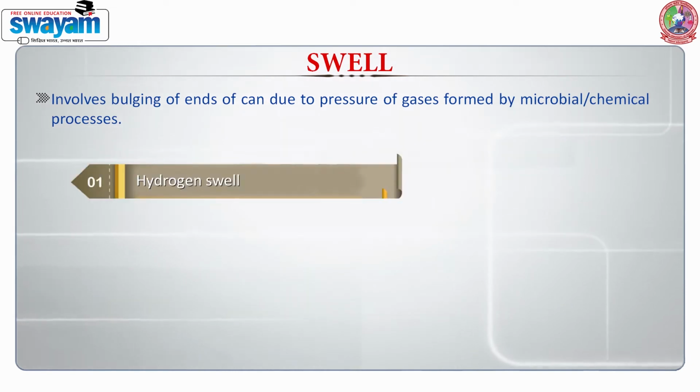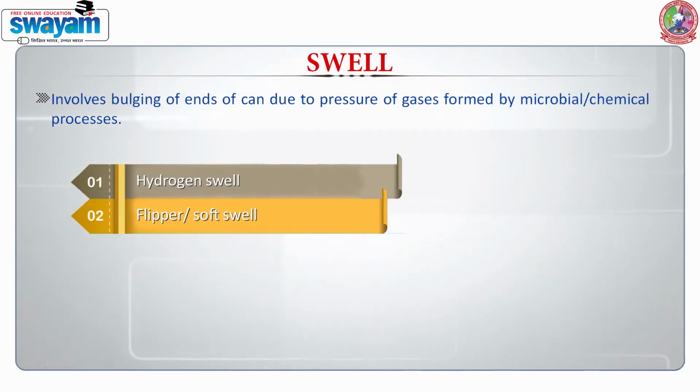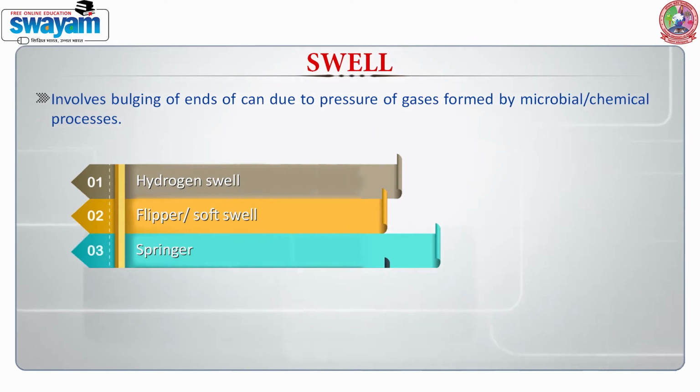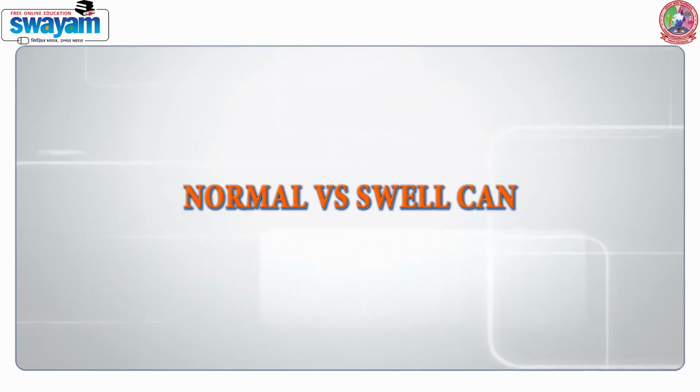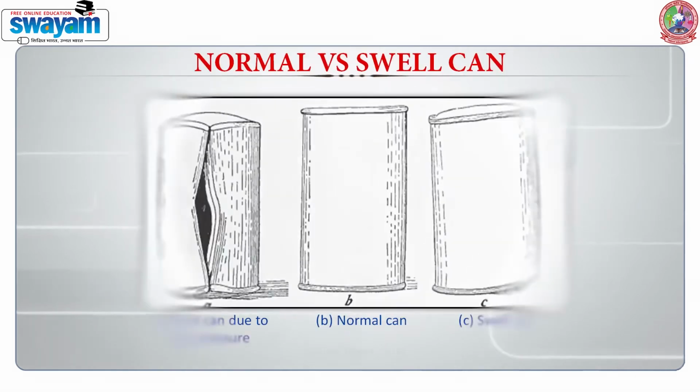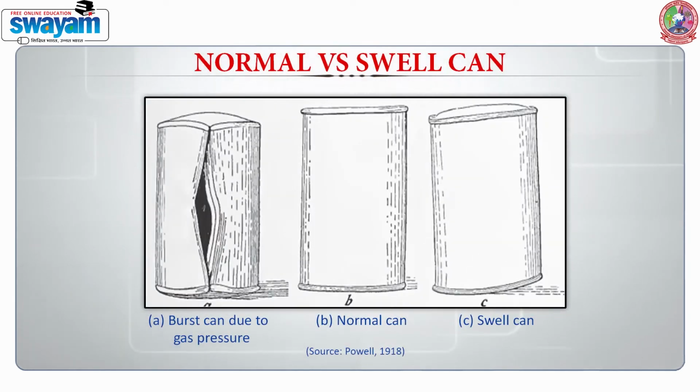Hydrogen swell, flipper, soft swell, springer, and hard swell are some of the examples of the process. As you can see, there are differences in the appearance of the normal as well as the swelled can.